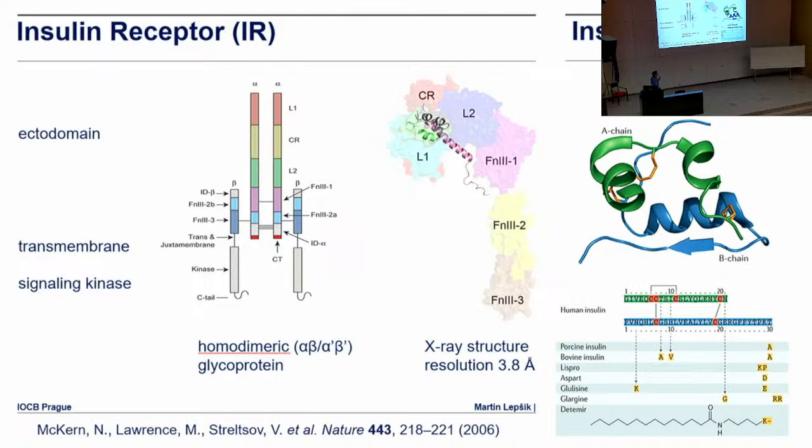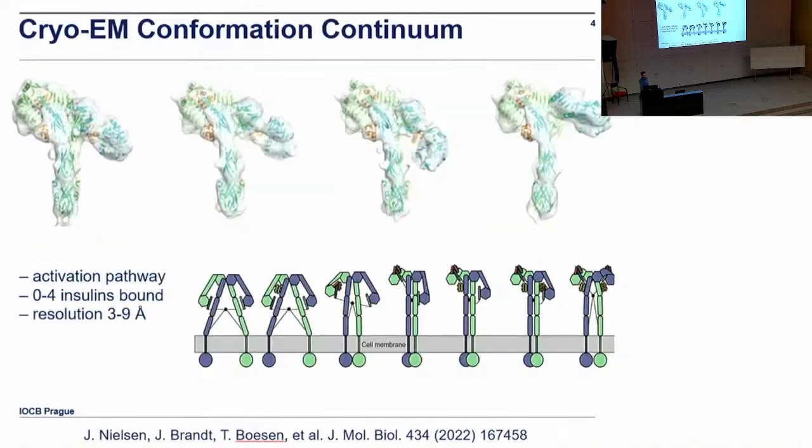So we must apply some modeling. We have the insulin, and it's 51 amino acids. Some of them are exchanged in analogs, which are used then for diabetes treatment. So it's pretty important to understand this computationally.